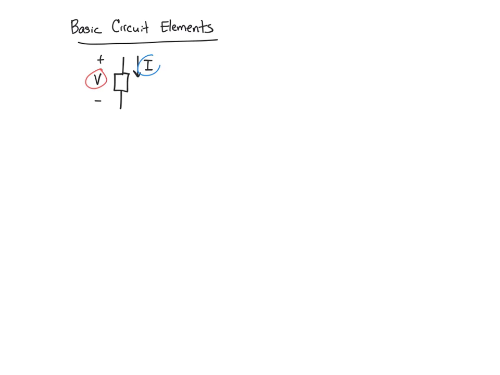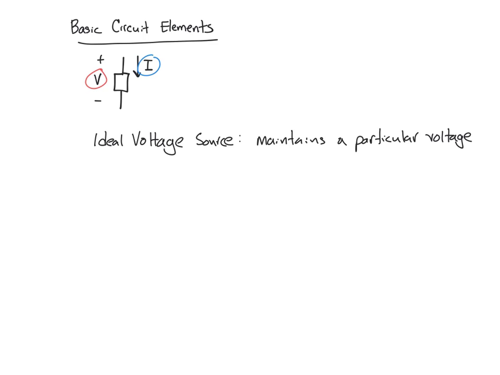Okay, so firstly, an ideal voltage source is defined as an element that maintains a particular voltage across it regardless of the current going through it.